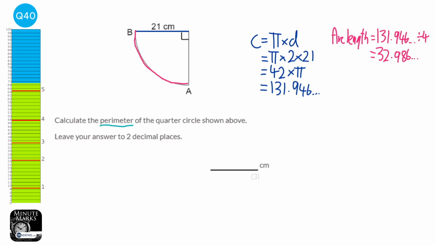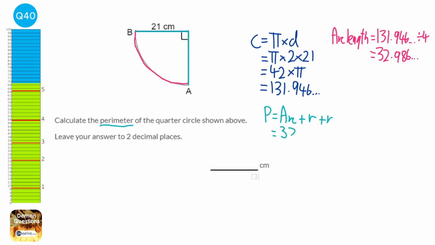Now, that's not what the perimeter is. Perimeter is the total distance around the shape. So we've also got to add on the 2 radii here, to get the full distance around. So the perimeter is going to be the arc length plus a radius plus a radius.